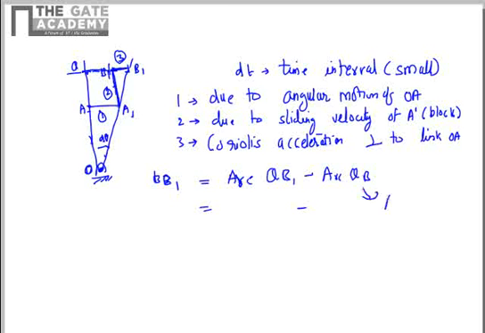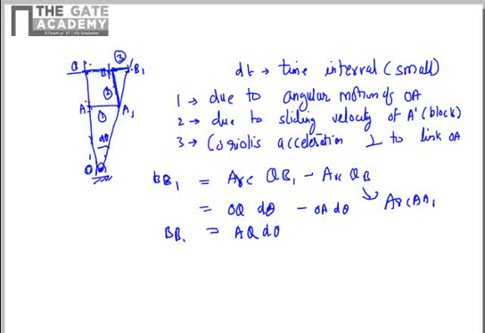So QB is equal to AA1, and AA1 is equal to OA d theta, and QB1 is equal to OQ d theta. So d theta is taking common, OQ minus OA is AQ d theta. BB1 is equal to this one.